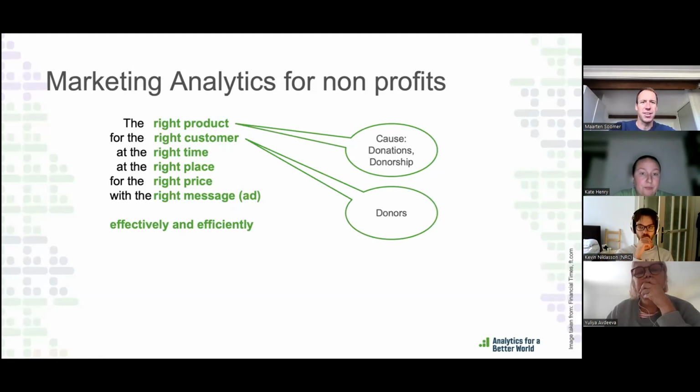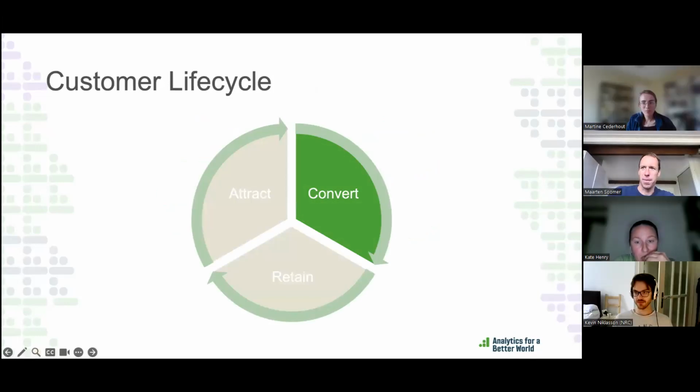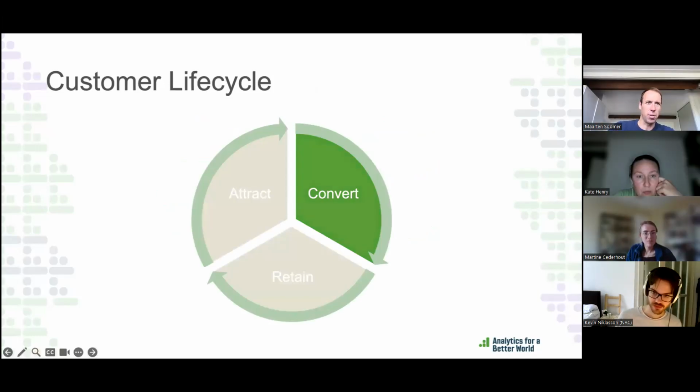Curious to hear, maybe you can raise hands, is anyone working on the fundraising side of a non-profit or involved with things on the fundraising side, just to get an idea. I don't see many hands. Well, still, I hope this will be relevant for you.